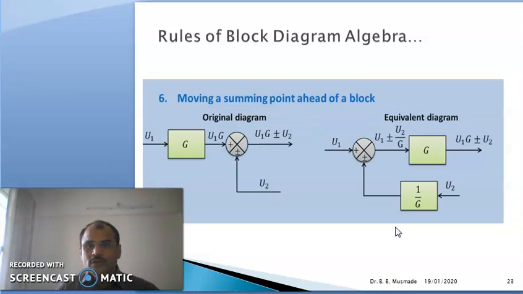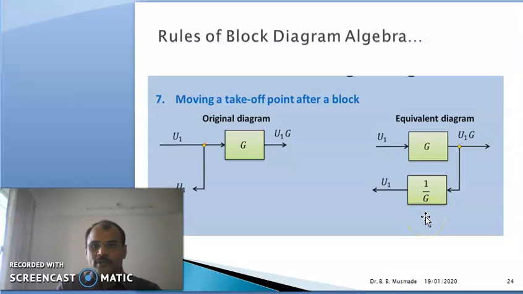Okay, the sixth rule is moving a summing point. In the same way, to retain the original information here, it needs some calculations. Do some calculations so that you will understand why this 1 upon G is to be inserted here. The required information is U1G plus or minus U2, and for that purpose this should be retained, and that's why this additional block is inserted here.